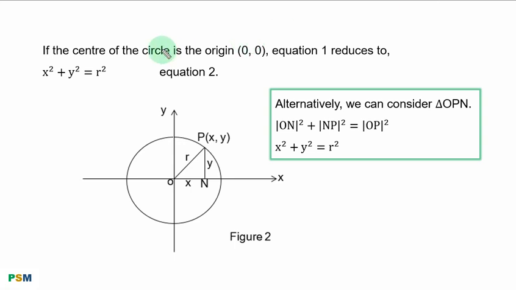If the center of the circle is the origin, that is (0, 0), equation 1 reduces to this form.